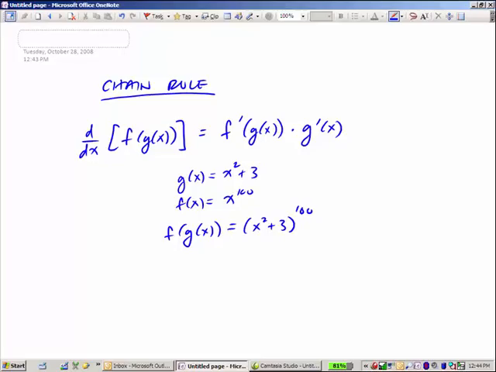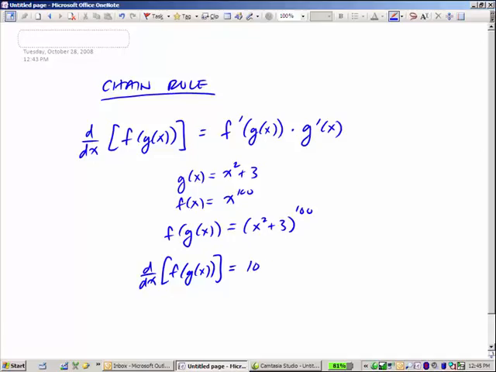Yeah. So the chain rule says if I want to find the derivative of f of g of x, I need to take the derivative of f of x. Well, f of x is the raised to 100th power rule. What's the raised to 100th power rule?